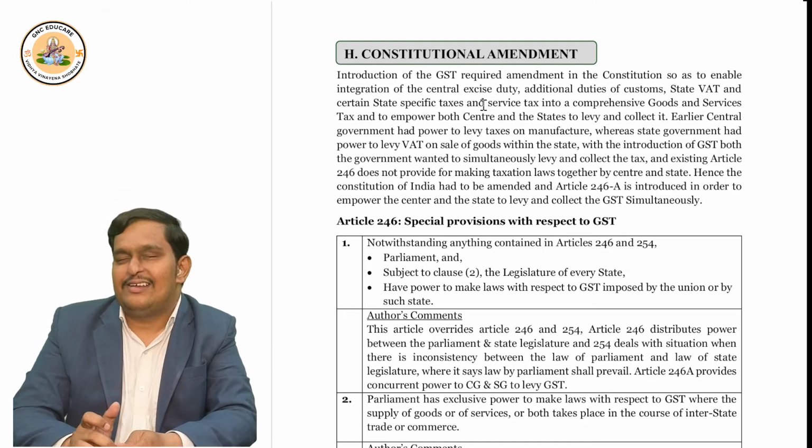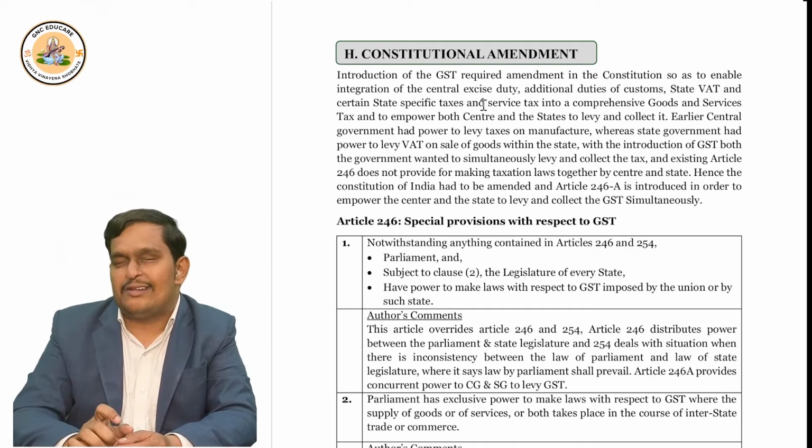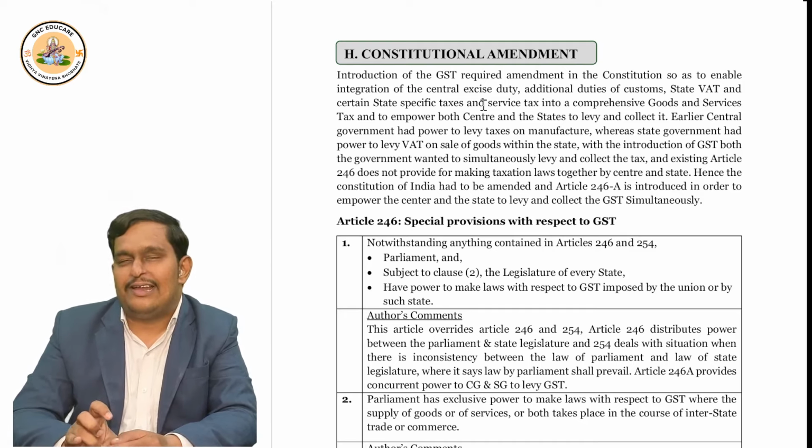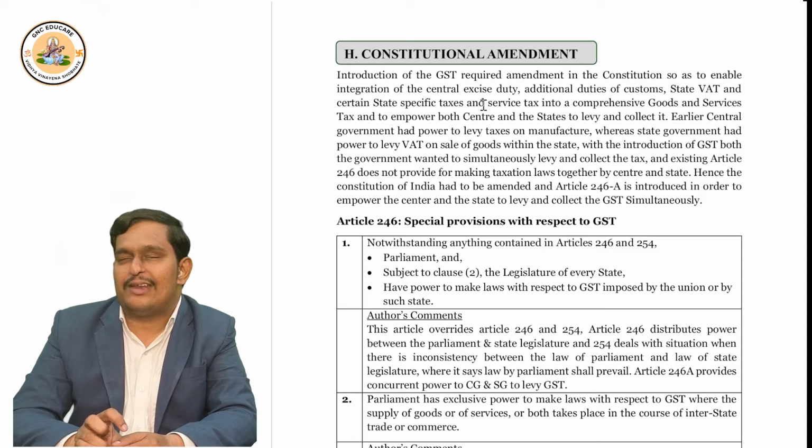And that's why a new article, that is Article 246A, right? You can see special provisions. Actually, the A is missing, you have to write it. So Article 246A special provisions are required. Now what do they say?